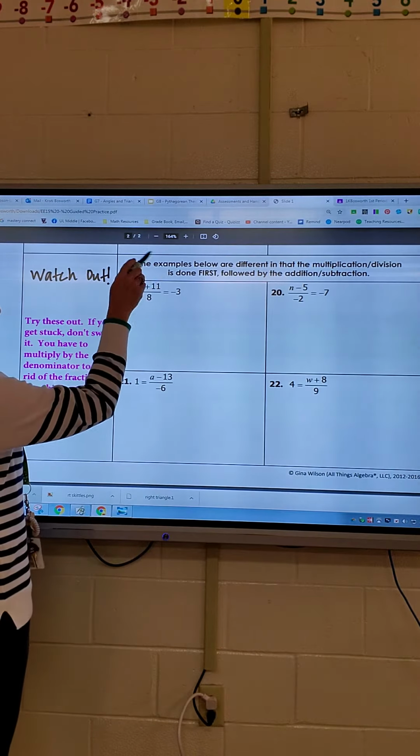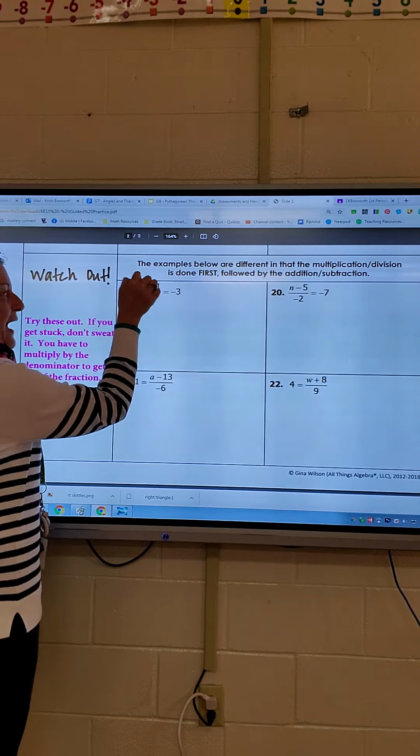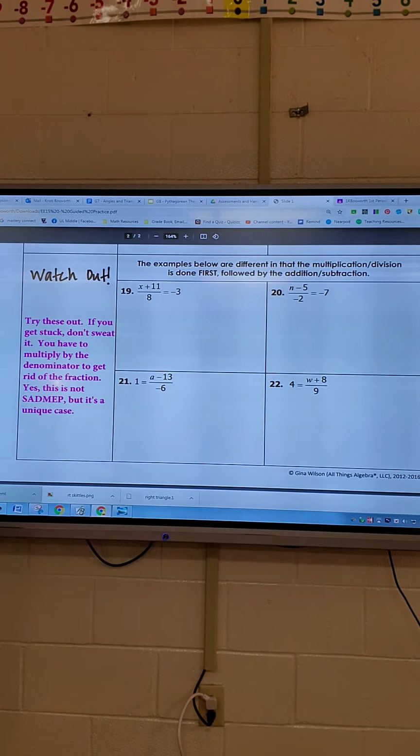So what's happening here? X plus 11 is being divided by 8, right? So if I'm dividing by 8, what is the inverse of dividing by 8? Multiplying by 8. So what I'm going to do to rationalize this, put your eyes on me, is multiply both sides of my equation by 8.